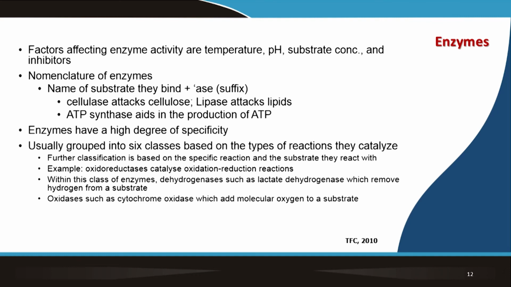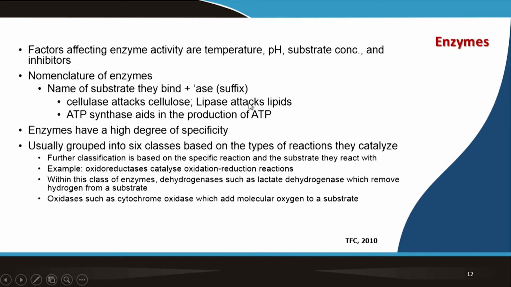Let us also understand the basic logic behind the nomenclature of enzymes. The name of the substrate they bind is then suffixed with ase. So simply putting an ase at the end of the name of the substrate will give you the name of the enzyme. So cellulase is something that attacks cellulose.